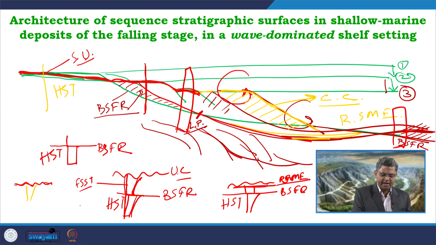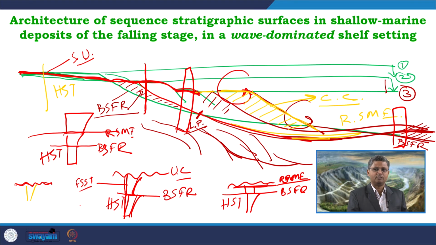On this shelf again a coarsening upward shelf deposit is coming up, and that shelf deposit is eroded with a new surface, which is not the unconformity surface, but this is the RSME surface. On this RSME surface we are getting another shelf deposit, and this shelf deposit is marking the end of the deposition at the end of the forced regressive phase.